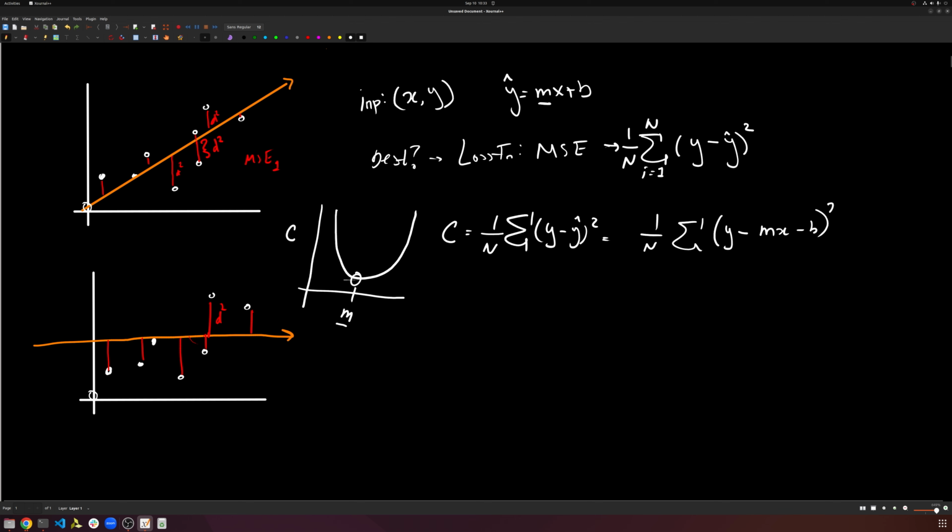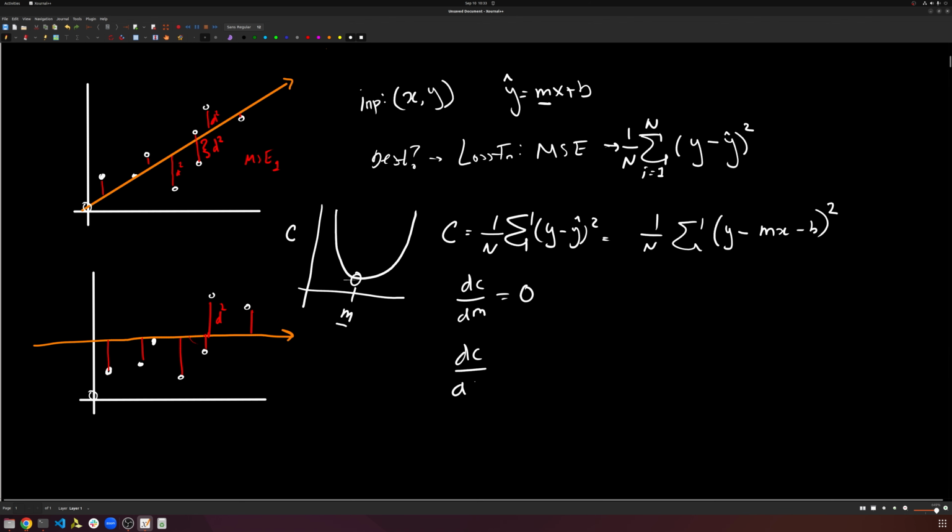So then we can do d cost dm, take the derivative of this and set it equal to 0, and this will provide me the best m for this model that'll minimize this entire function. Similarly, we can do dc db for the intercept and set it equal to 0, which will again provide me the best b. And you can solve this, and it's not very complicated.